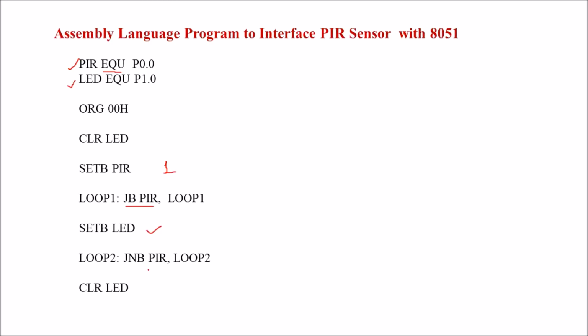So this is a simple program to interface a PIR sensor with the 8051 microcontroller. If we want to execute this program continuously, the SJMP instruction is written here, so it will continuously execute these instructions.